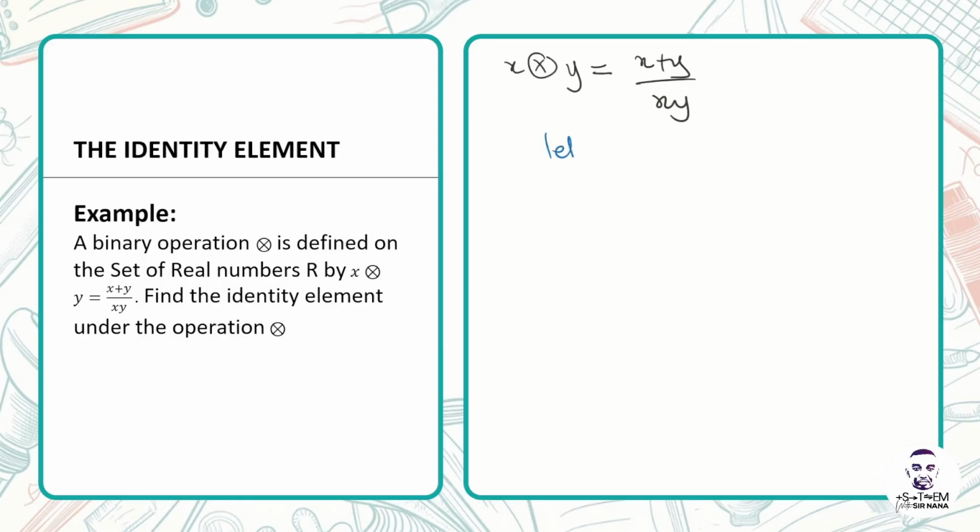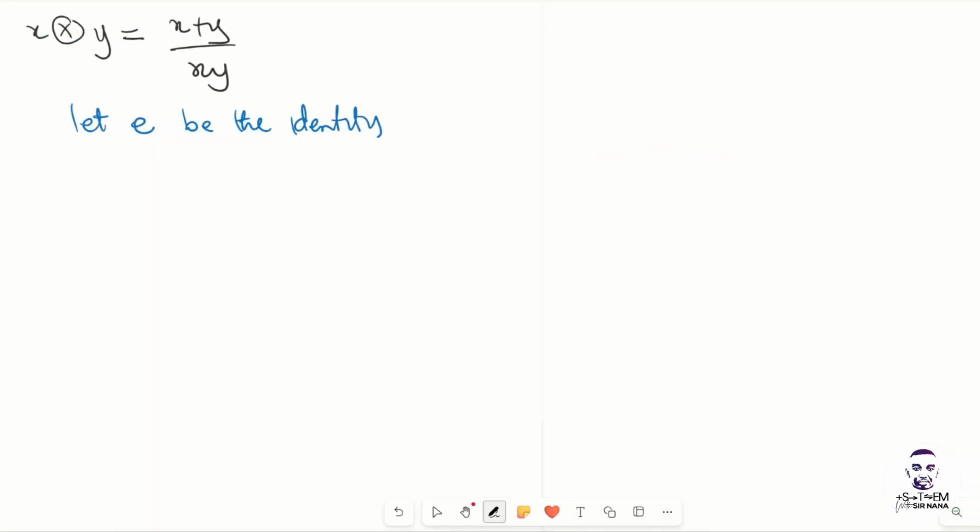So we say let E be the identity element, such that we are going to use our x, so we have x operation E to be equal to x.